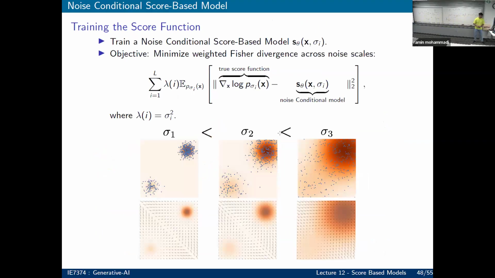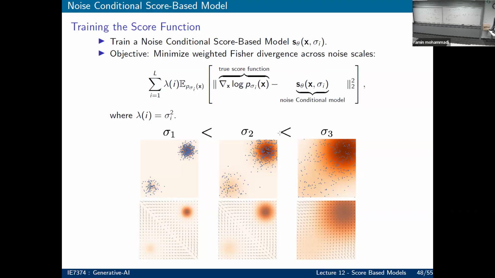And this again comes back to the same equation that we saw. We have the actual score gradient field, and then this is the score function that we're learning. Now, what you see here is a small change to the formula.